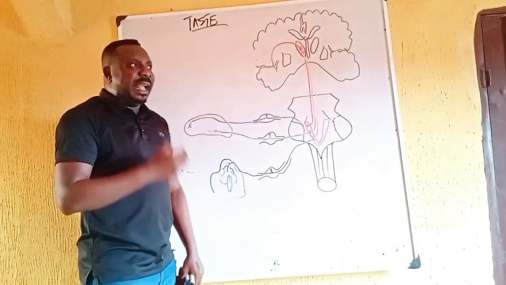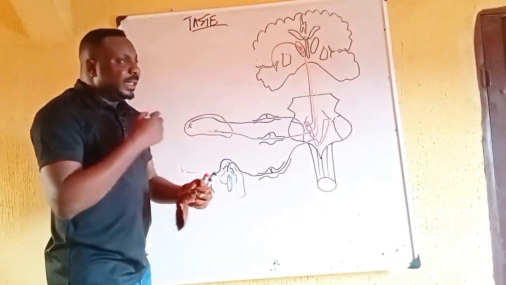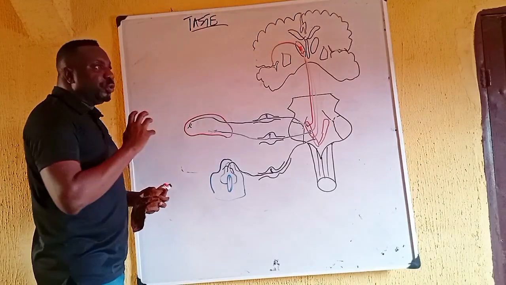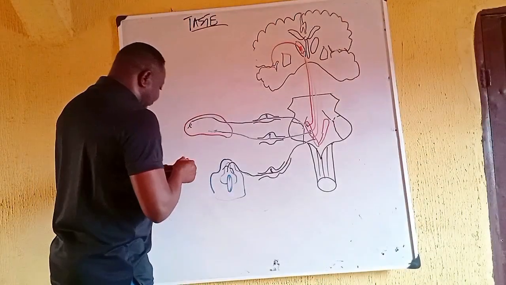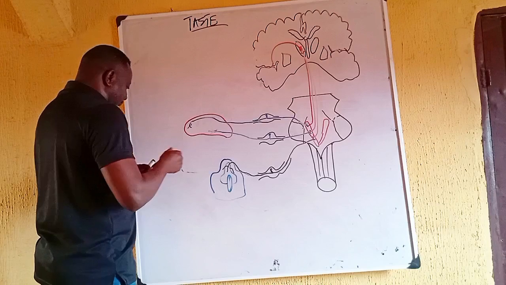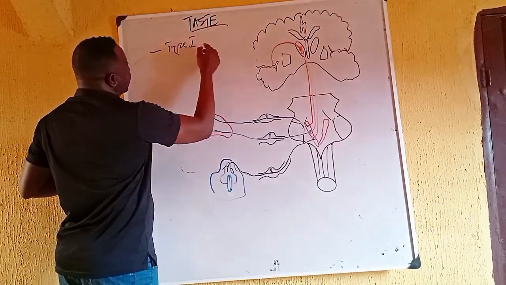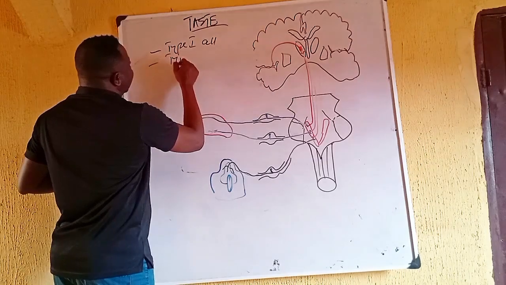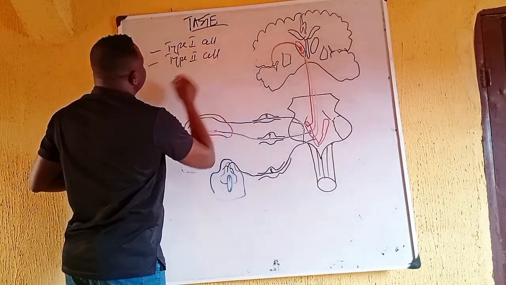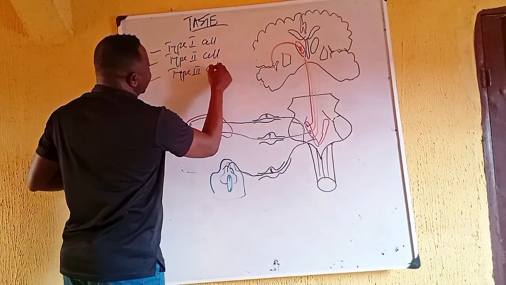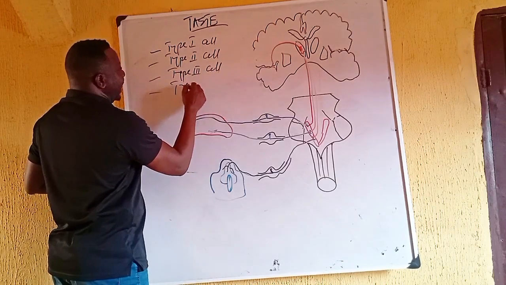Now, let's talk about the cells that are located in the taste bud. Taste buds usually contain about 4 types of cell. They are the type 1 cell, the type 2 cell, the type 3 cell, and the type 4 cell.